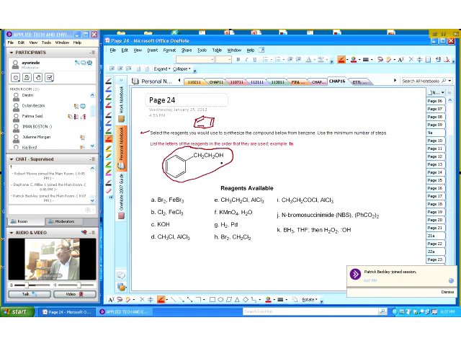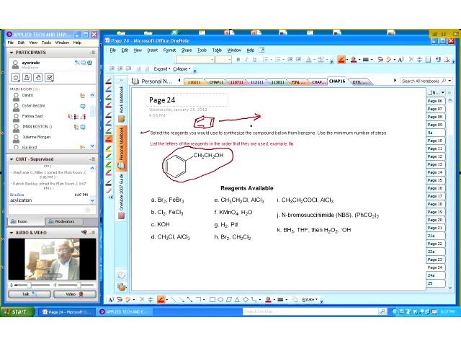Okay, what do we need to do here? We need to form this hydroxy here attached to this methylene group. Anybody has an idea of the first thing we need to do here, without taking a look at the reagent set? Okay, acylation. Very good. So acylation. Because we only need 2 carbon atoms, right?